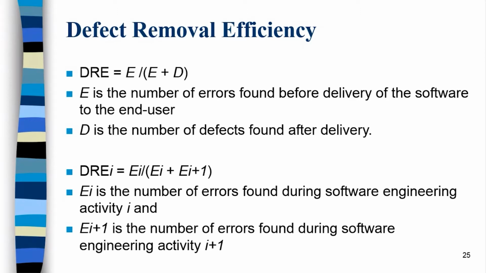We can have defect removal efficiency DRE_i = E_i / (E_i + E_i+1). Whatever errors we have found in activity i, we manage them so they do not go further into activity i+1. So that's all about that.